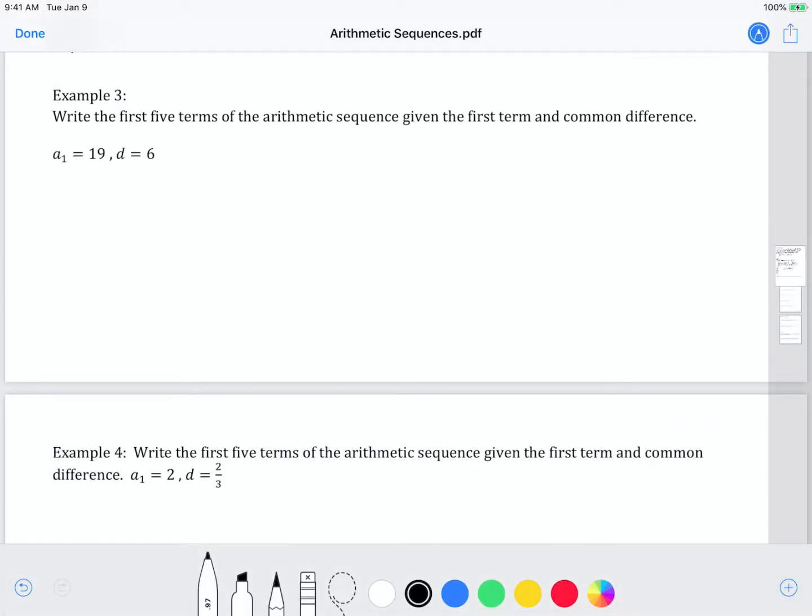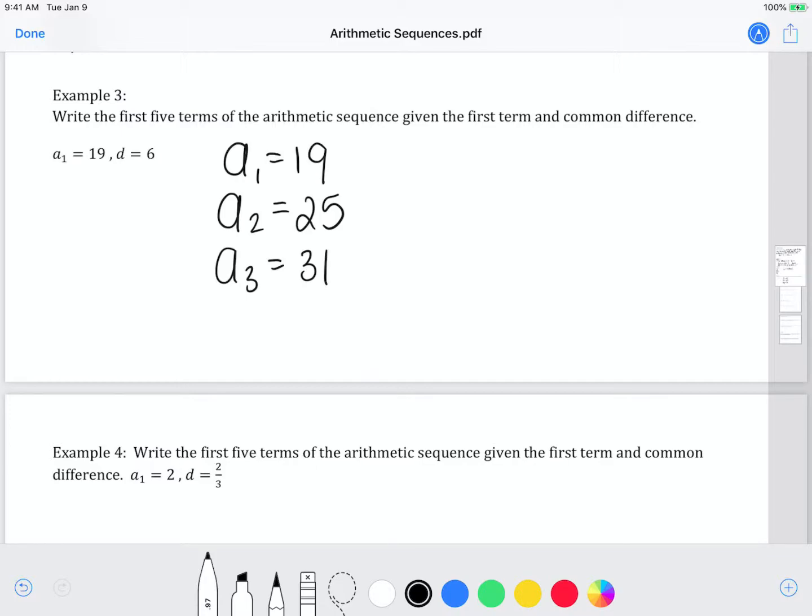In example 3, it says write the first 5 terms of the arithmetic sequence given the first term and the common difference. Well, the first term is 19 and the common difference is 6, so I just have to keep adding 6 to get the next term. 19 plus 6 gives me 25. Then to get the third term, I take 25 and add 6 and I get 31.